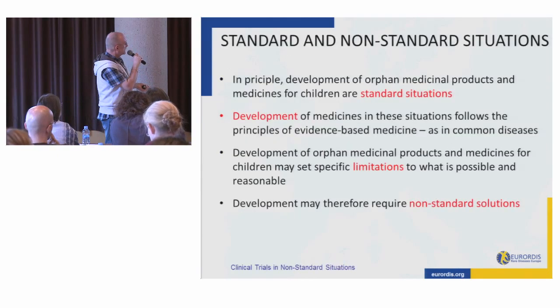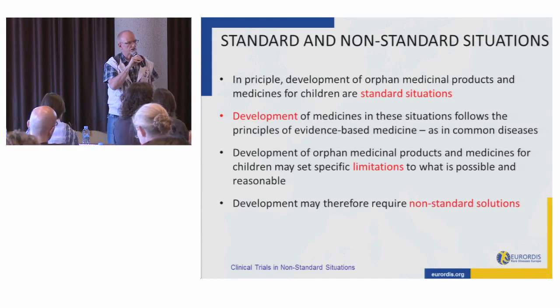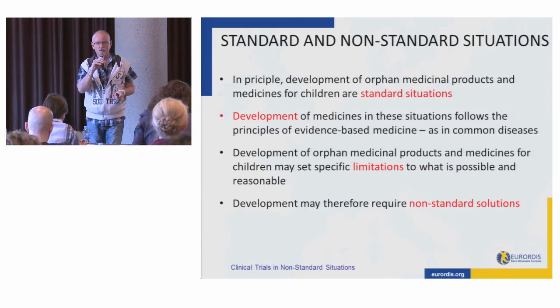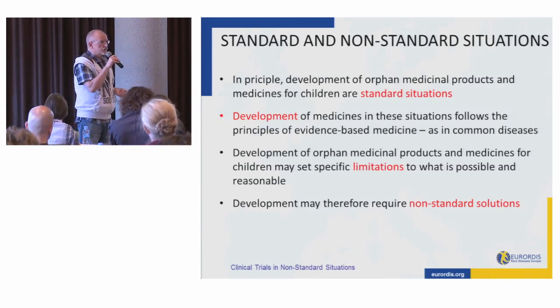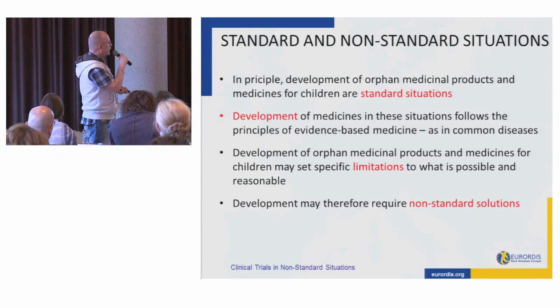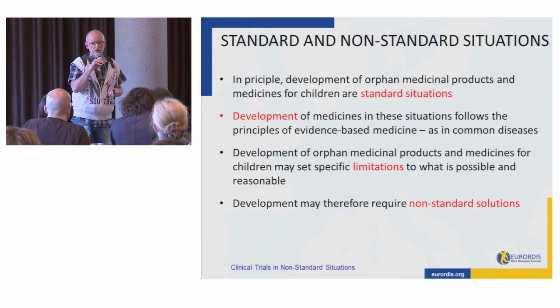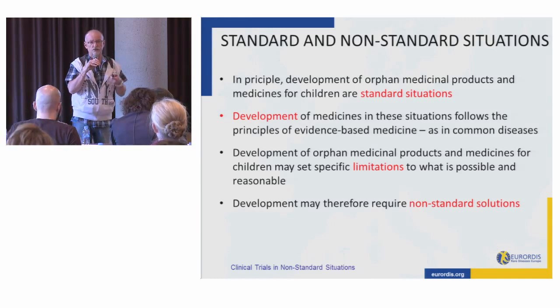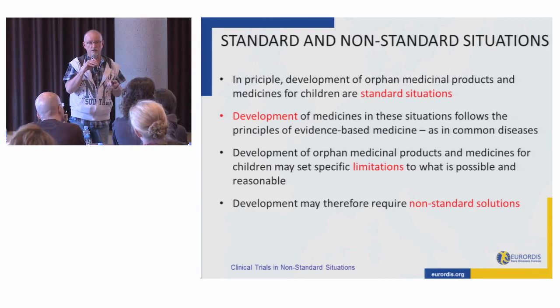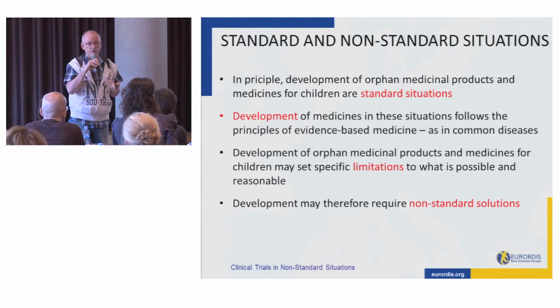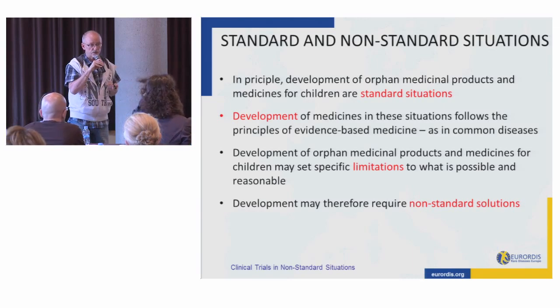Then let's talk about the standard and non-standard situations. I know this sounds like beating around the bush and trying to squirm around things, but when you develop orphan medicinal products and medicines for children, those are supposed to be taken as standard situations because you would require the best possible level of evidence. But it doesn't mean that you will have to have the Rolls-Royce development of 2 large clinical phase 3 trials.